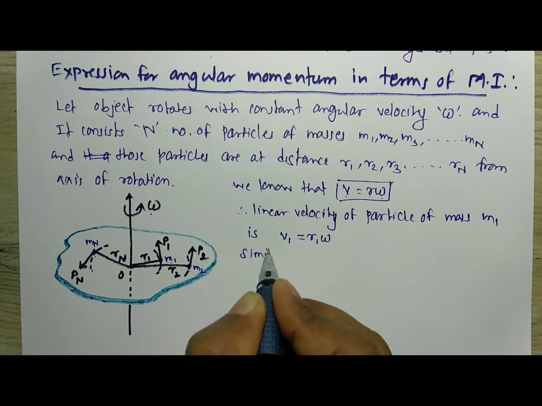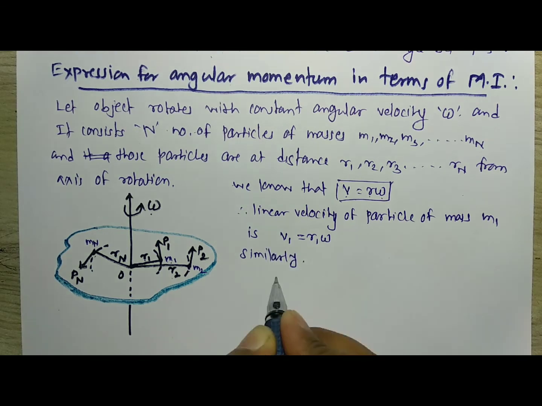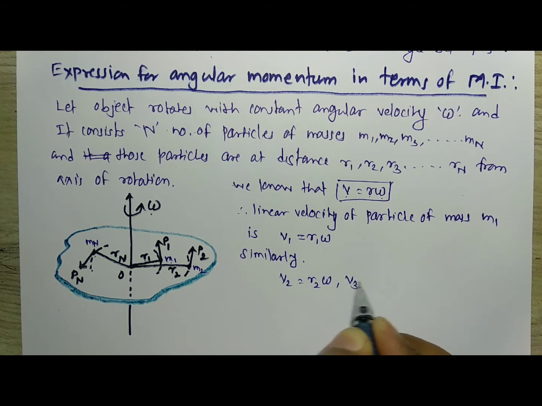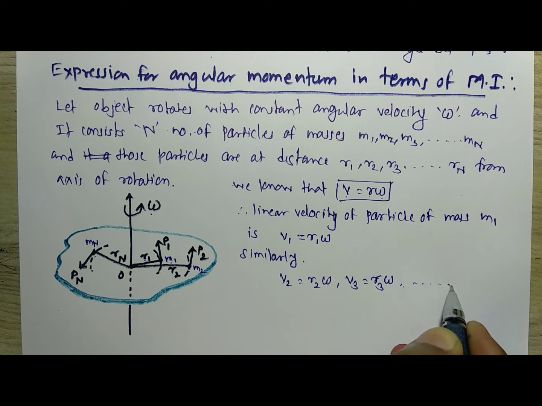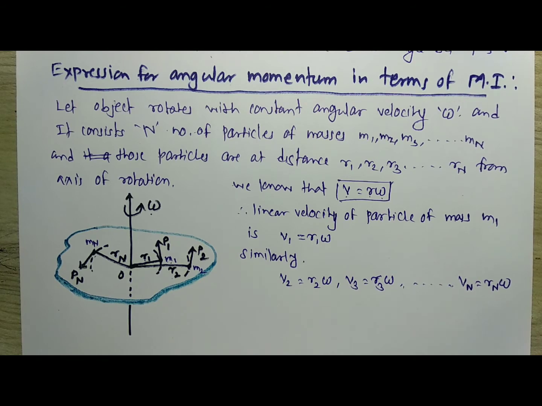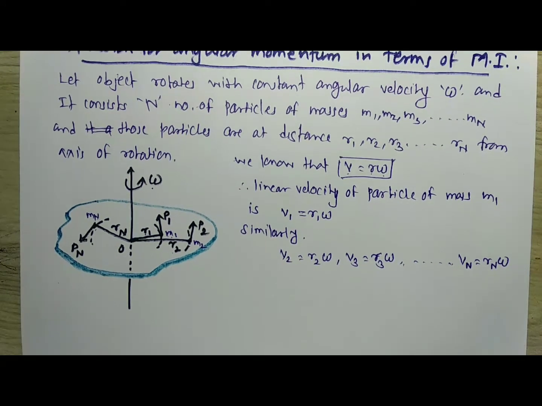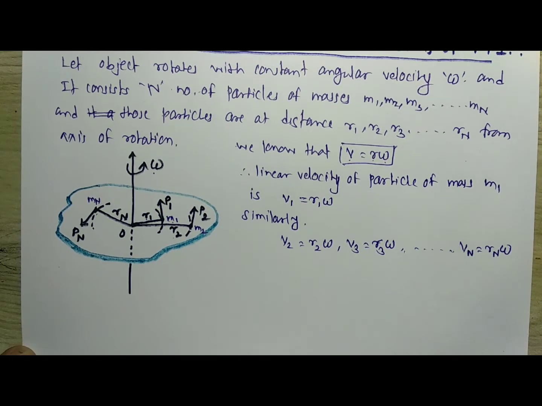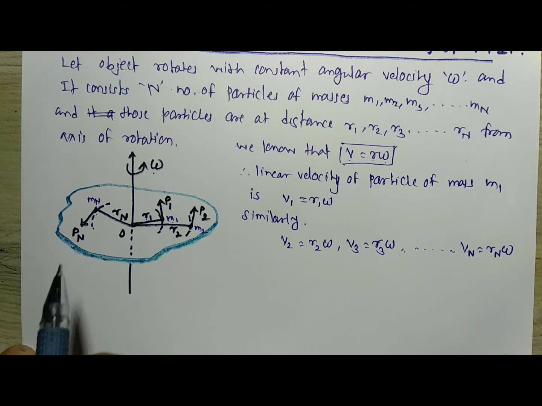Similarly, v2 is equal to r2 omega, v3 is equal to r3 omega, and so on up to vn is equal to rn omega. And those are the linear velocities of the particles which have the masses m1, m2 and so on up to mn.